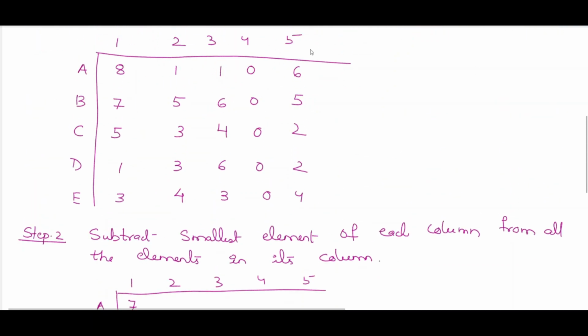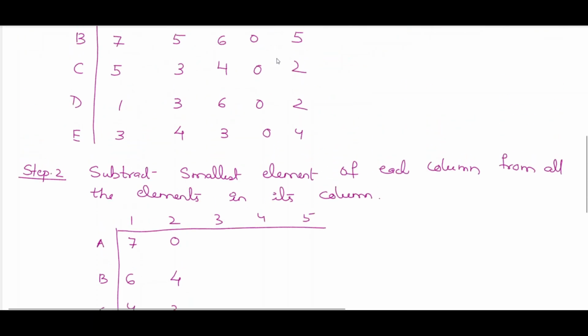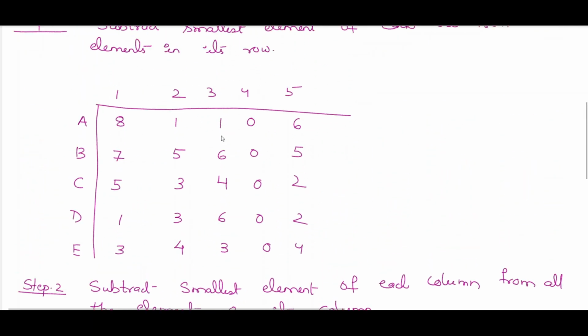Similarly, for the second column, your minimum value is 1. So here it will be 1 minus 1, 0. Then again here you will get 4, then 2, 2, 3. Similarly, for the third column, again the smallest value is 1.